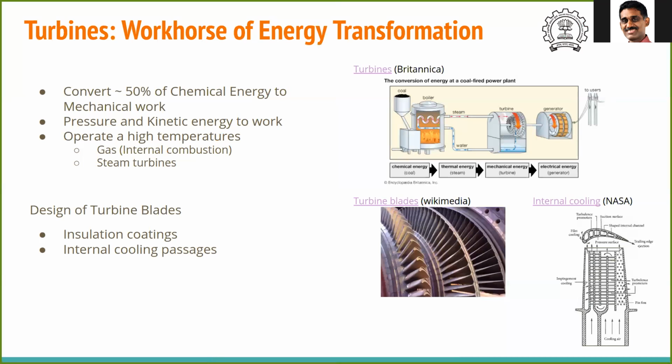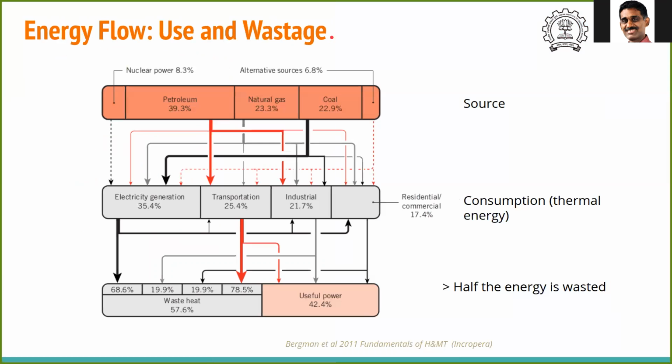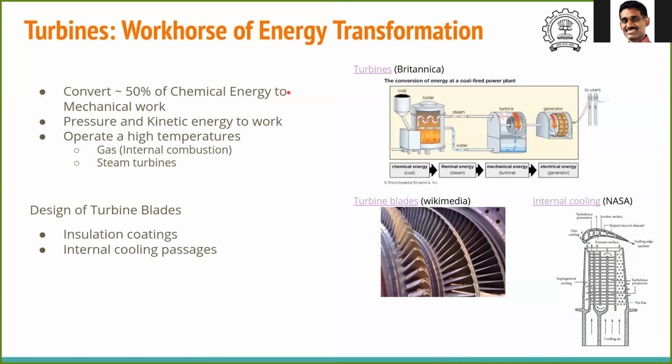So let us look at some engineering examples of heat transfer. Turbines are one of the workhorses of energy transformation. In this diagram that we saw, most of the energy that we require comes from chemical energy, and nearly 50% of this chemical energy is transferred to mechanical work using turbines. The remaining 50%, you use by just heat and convert into other forms.